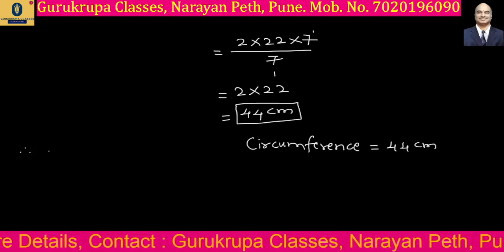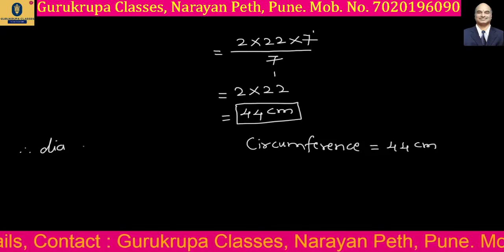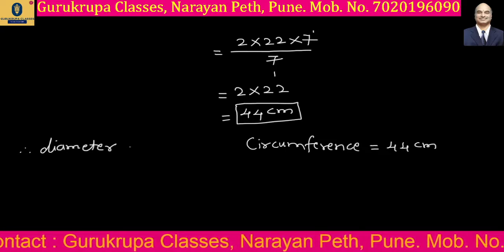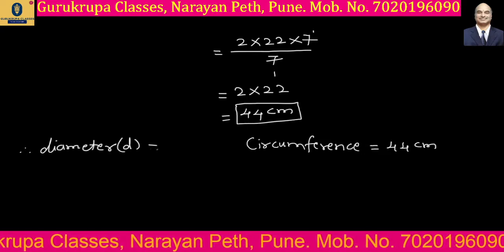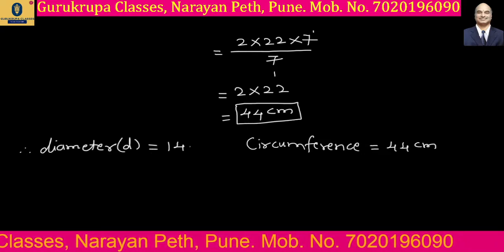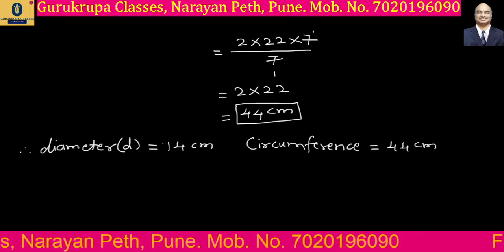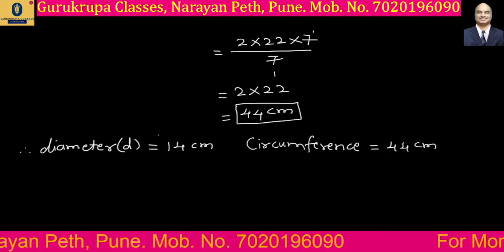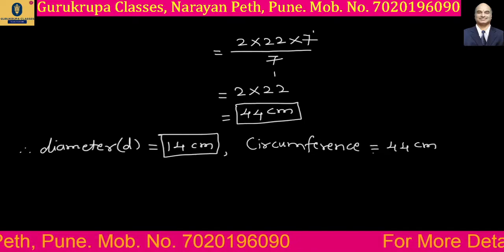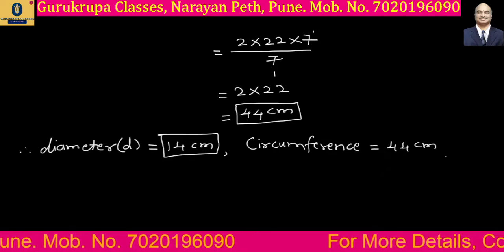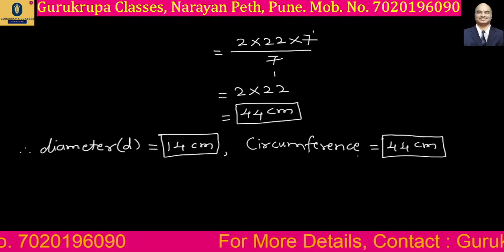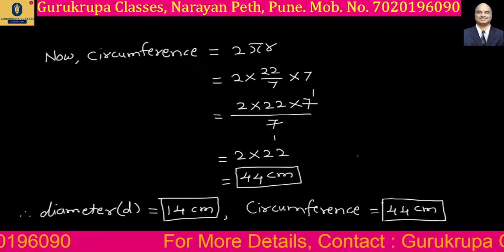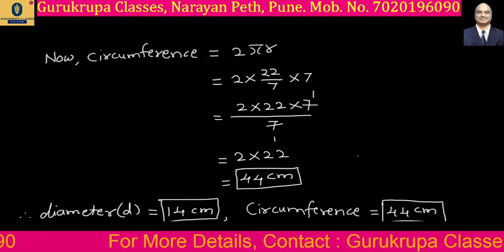Therefore, diameter D is equal to 14 centimeter, box it, comma, circumference C is equal to 44 centimeter. So this is the answer. Please write down the answer. If you have any query, just feel free to ask me.